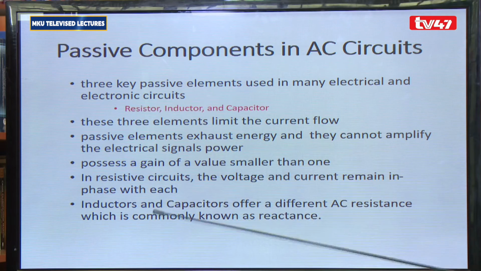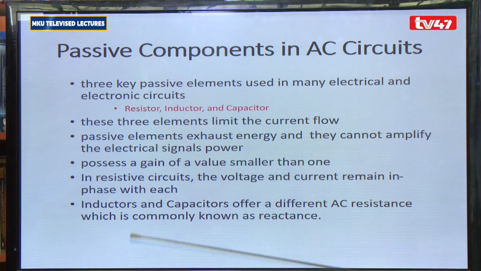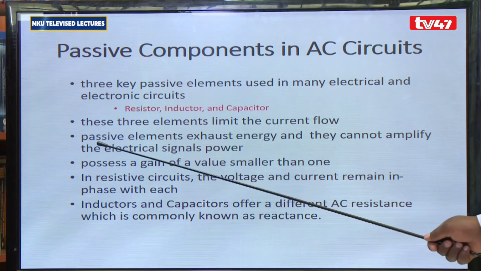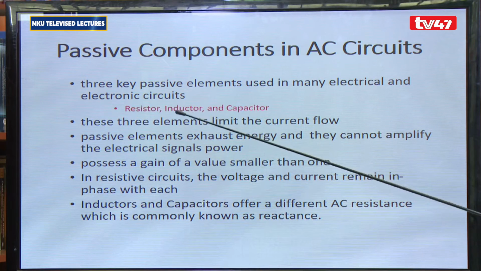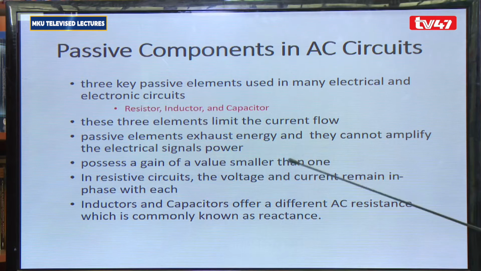As I have said, they limit the flow of current, but they do it in a different manner. These passive elements exhaust the energy in a circuit, and therefore they cannot amplify the output, and therefore the gain of the output is always smaller than 1.